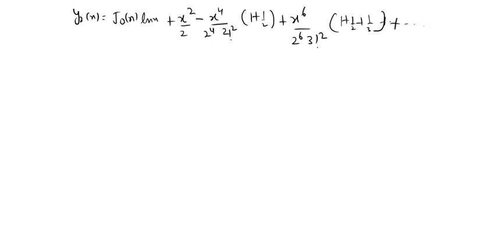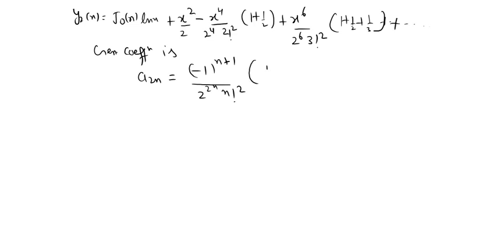So we would expect that the general coefficient is minus 1 power n plus 1 divided by 2 power 2n factorial n square, 1 plus 1 by 2 plus 1 by n.